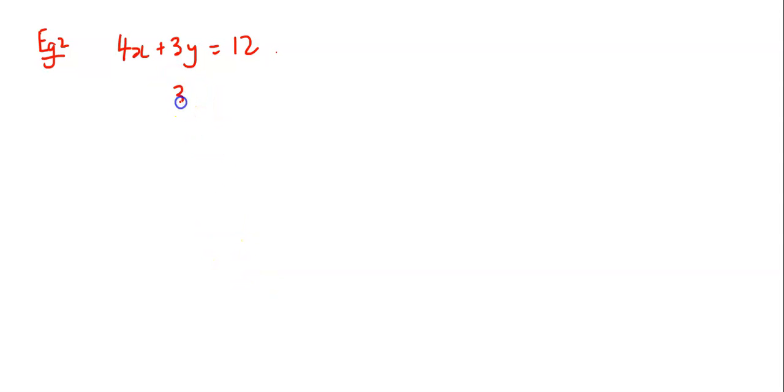So we have 3y, and we need to carry across the 4x. Positive 4x, if we carry it across, becomes negative 4x, and then we have plus 12.